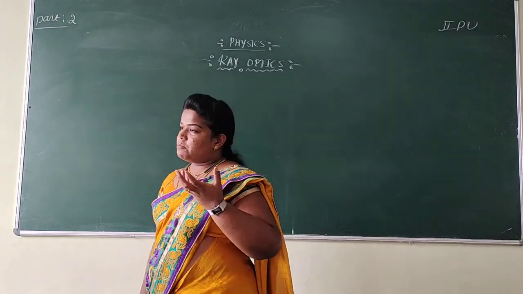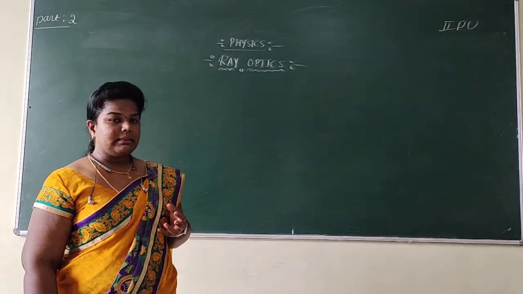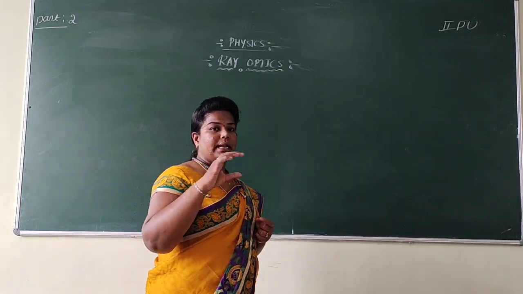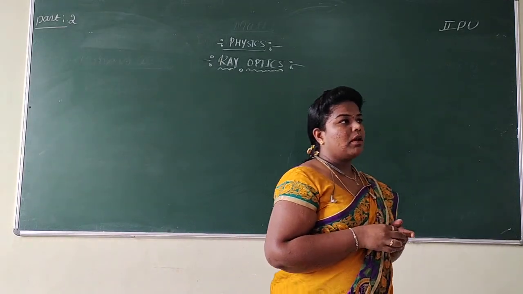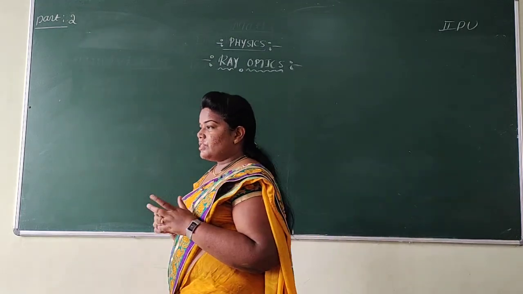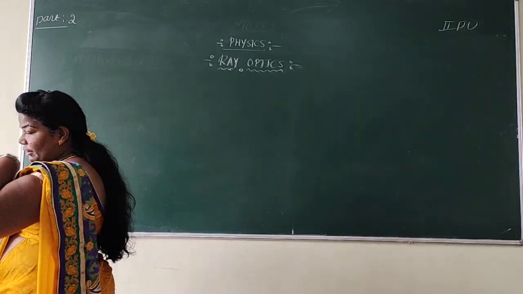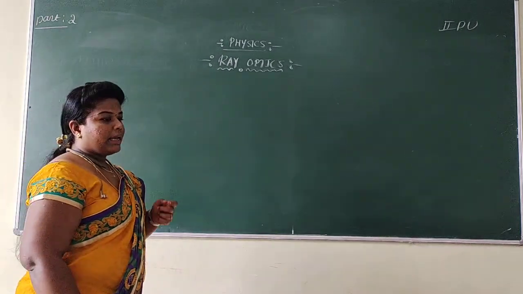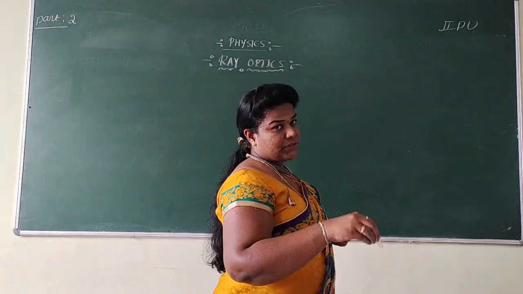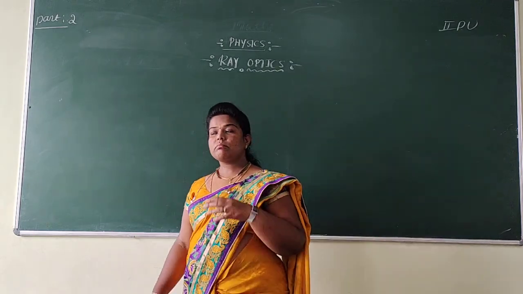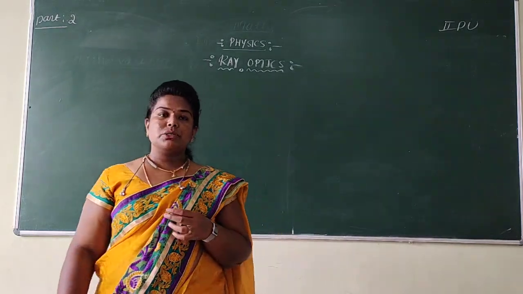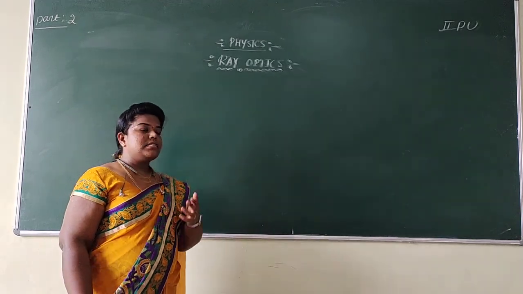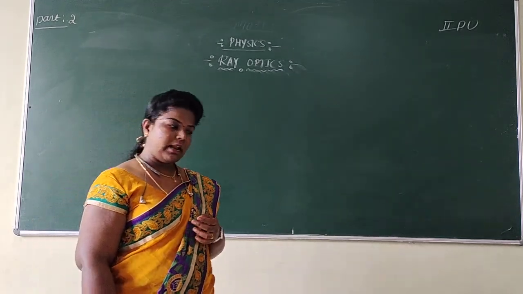Otherwise, you might have observed the glass slab in your 10th class. If you place a glass slab over letters, the letters appear to be raised. This is one example illustrating refraction. Even if I partially dip a stick, a pencil or a pen inside a beaker of water, it appears to be bent. This is all due to the refraction of light.